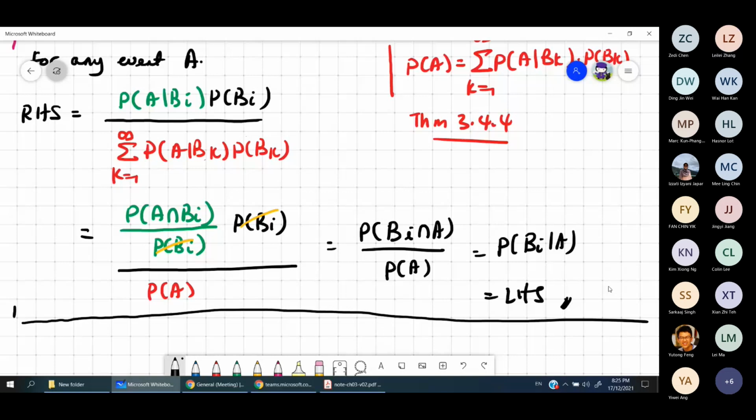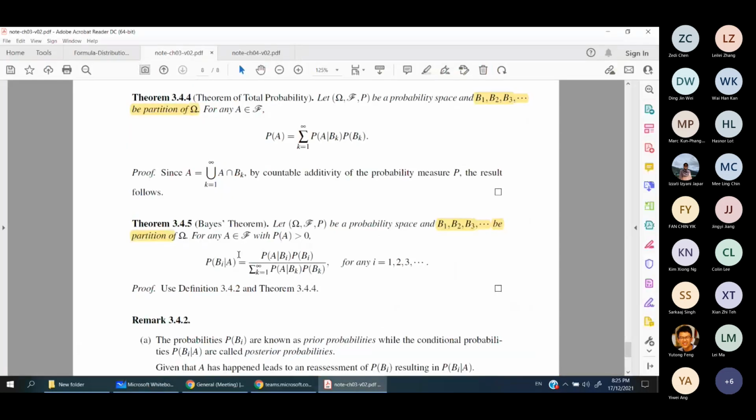Okay, so this is what we call the Bayes formula. We look at a special case whereby we only have two partitions, B and the complement of B. So how does the formula look?